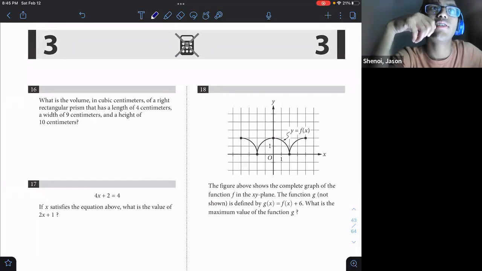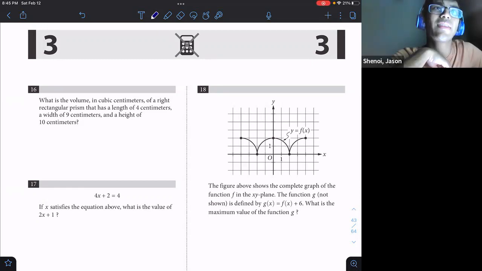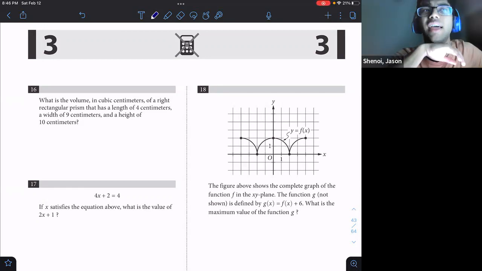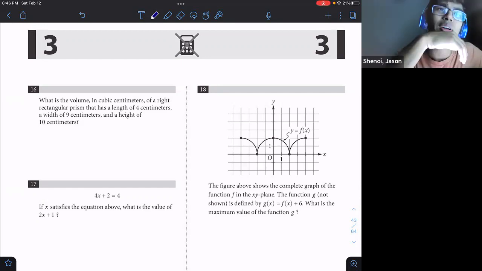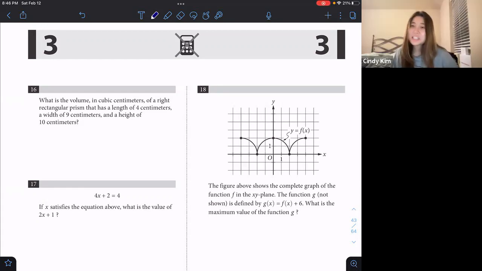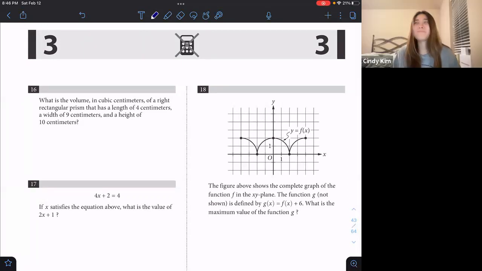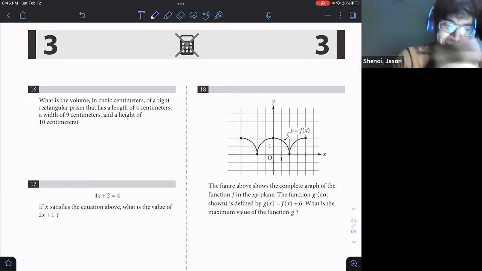Do you use the metric system in Korea? Give me an example. Kilometers and centimeters, yeah. In America, we use inches, and the imperial system, feet, pounds. So if you were American, I can understand why this would be slightly confusing, but you're Korean, so this is up your alley.